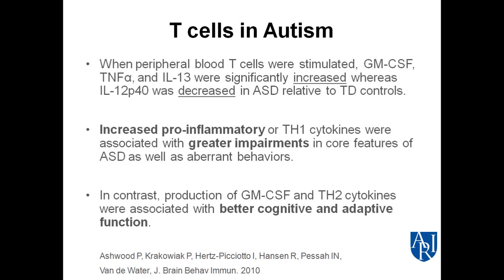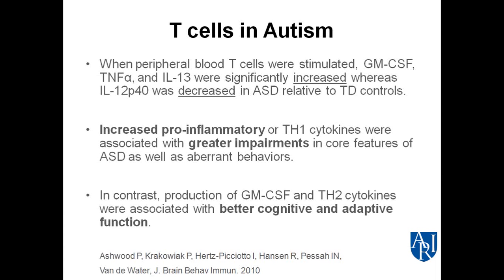In general, there's an increase in pro-inflammatory or Th1 cytokines, and they found that they were associated with greater impairments in the core features of ASD, as well as aberrant behaviors. In contrast, production of GM-CSF and Th2 cytokines, the less inflammatory, were associated with better cognitive and adaptive function.